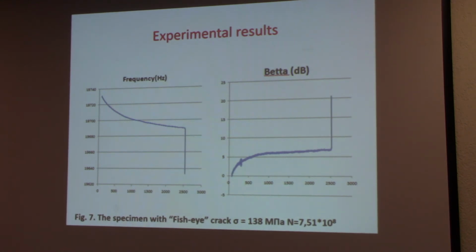Here we tested different materials: titanium, pure titanium and titanium alloy, aluminium alloy, ferrous and other materials, and we get the same signal. What happens? First, there is a little growing signal of the second harmonic.